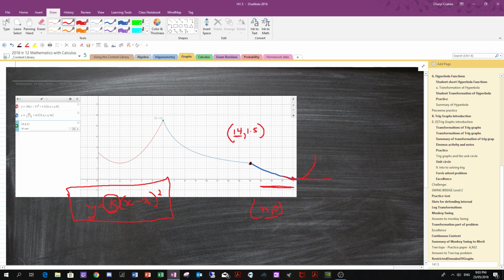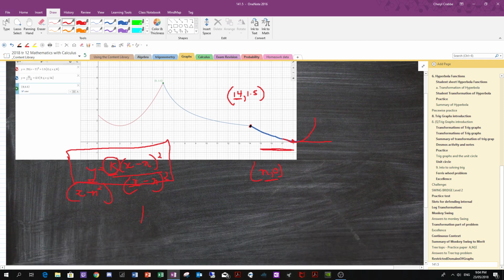So we're going to make k the subject. So we're going to basically divide by x minus n squared, x minus n squared. So we're going to end up getting k to be the subject, and it's going to be in terms of y over x minus n squared.